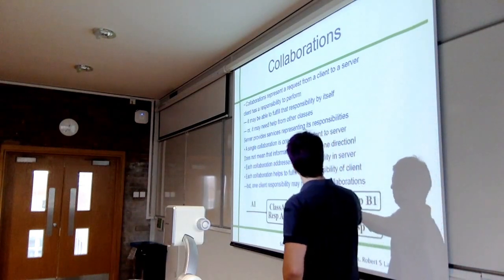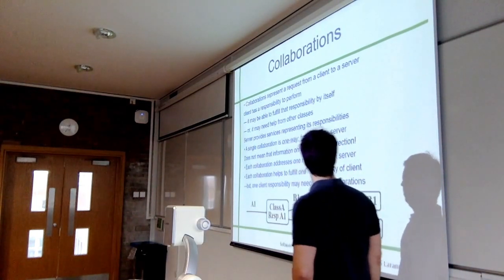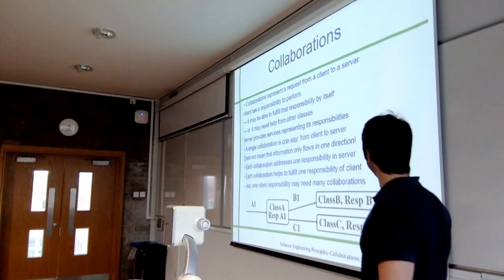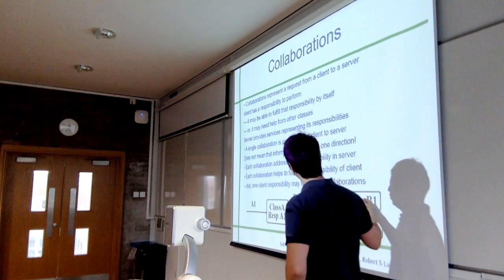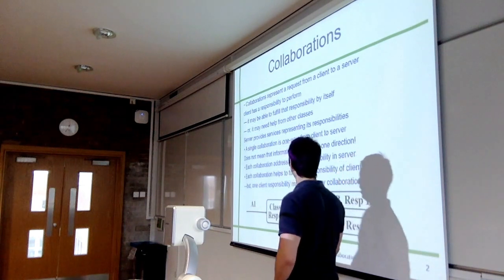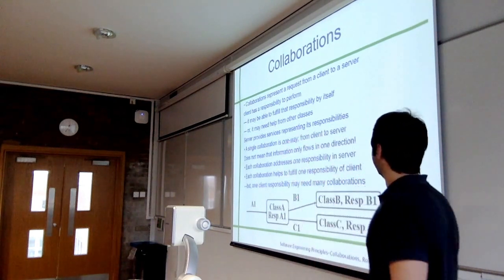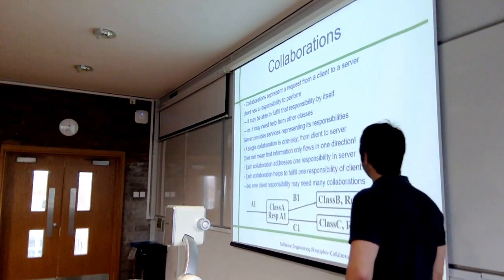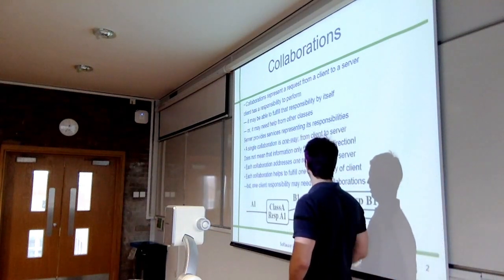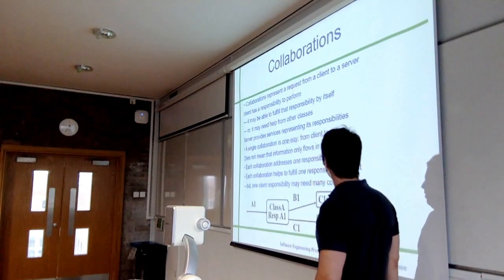So it asks class B and class C for some information, and they return the information back to class A. So for example, get time. Well, that's not a very exciting example, but that's the idea.